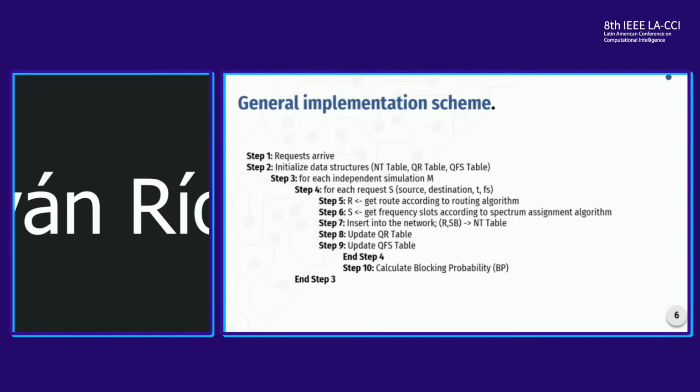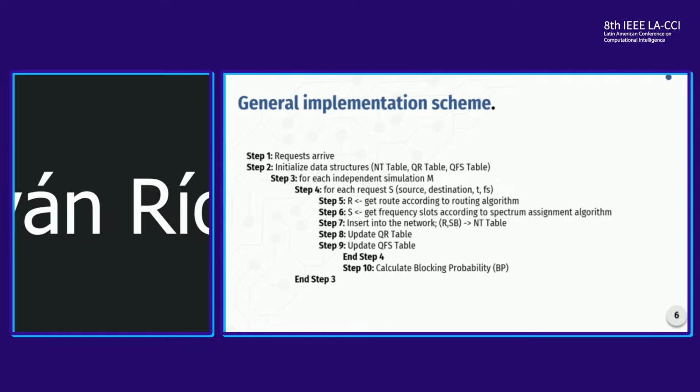This is our general implementation scheme. Step 1, request arrive. Step 2, initialize data structures. Step 3, for each independent simulation. Step 4, for each request S. Step 5, get route according to routing algorithm.